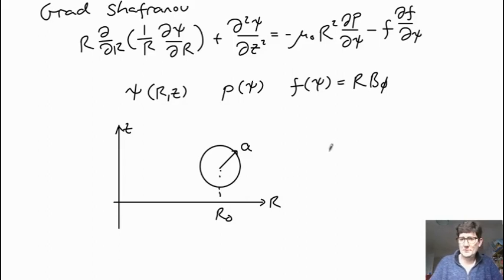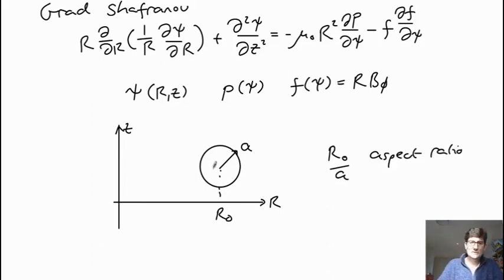And aspect ratio is r naught over A, and we're assuming that this is large, and so often people write this as an inverse aspect ratio, so you can define a small number A over r naught as the inverse aspect ratio, and they're assuming that this is small.